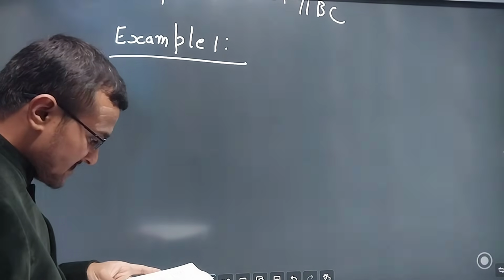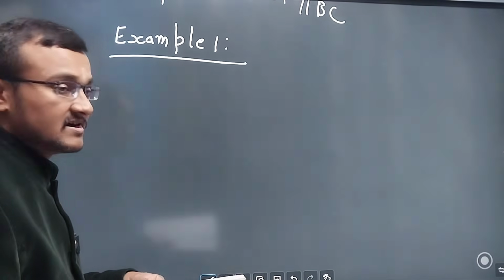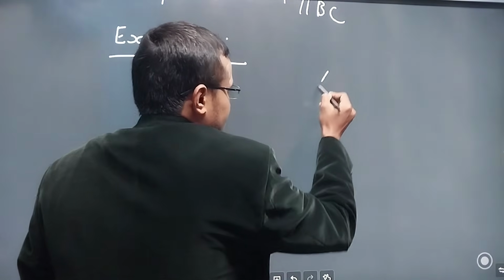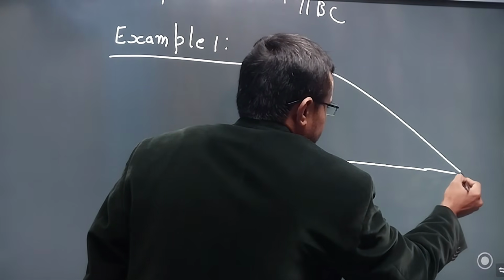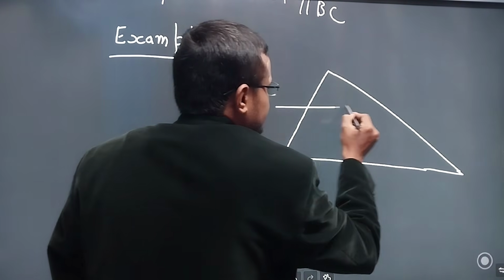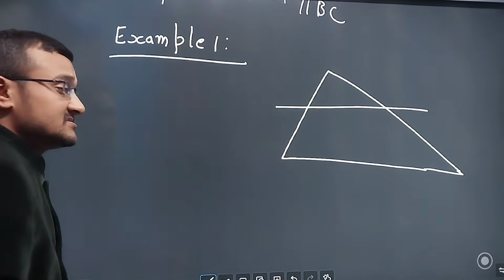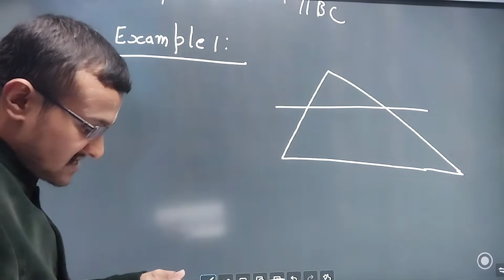In this example, there is a triangle. Let me draw that triangle over here. There is a triangle like this, and there is a line intersecting this triangle in such a way that it is parallel to one of the sides of this triangle.